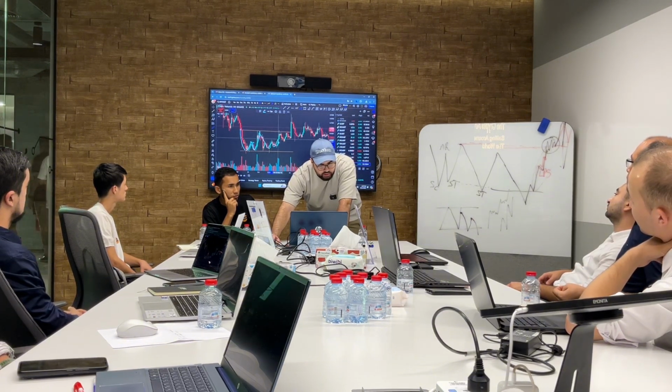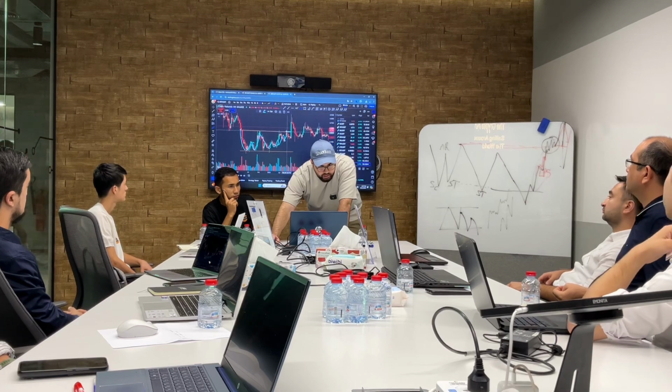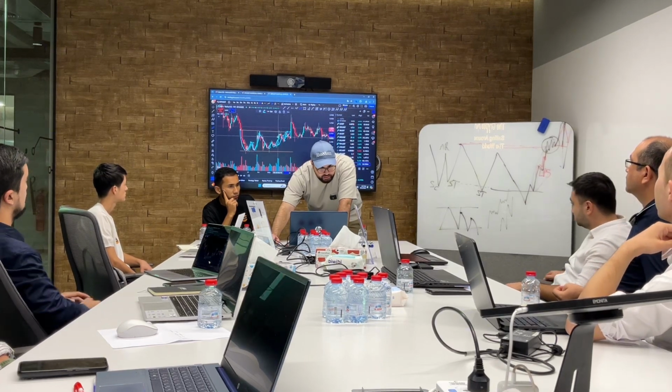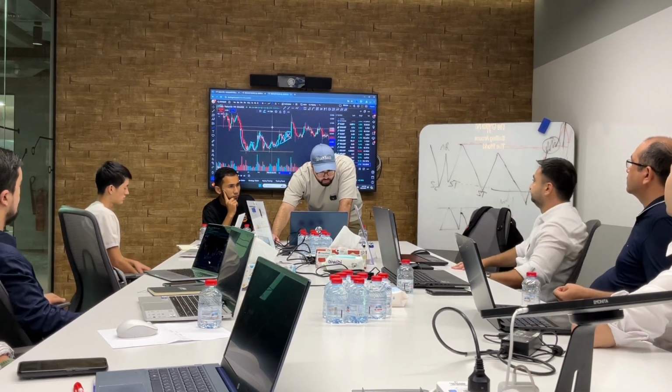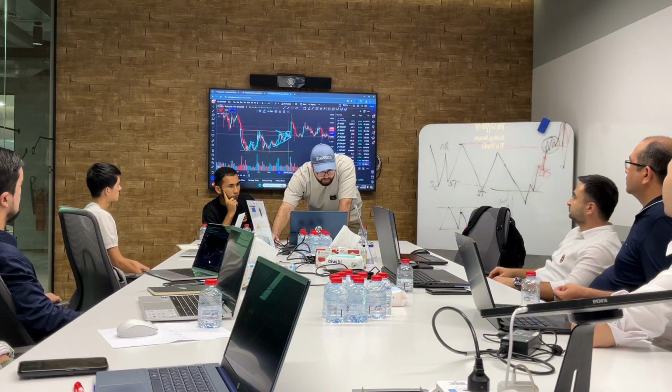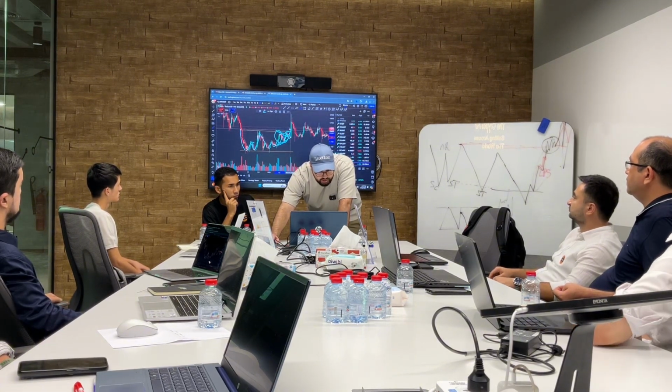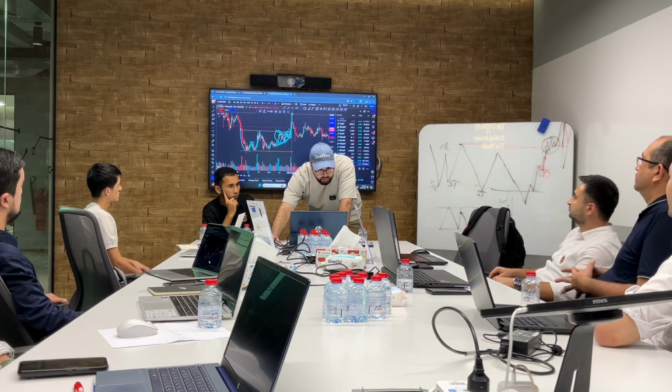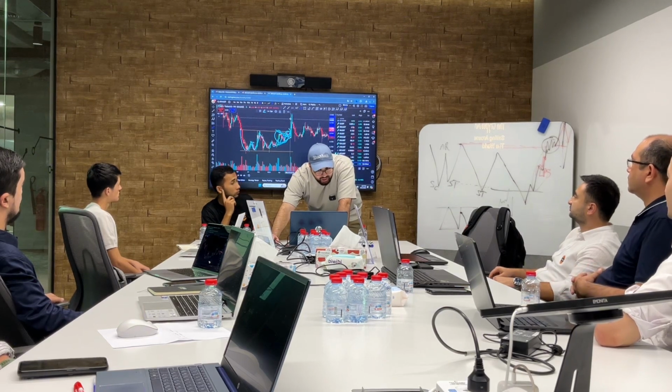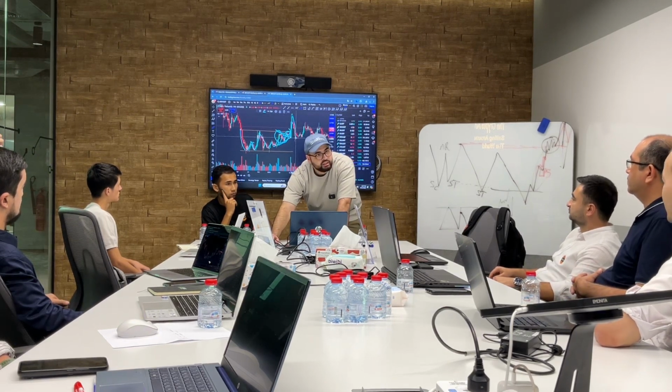We stayed consolidating here. After we break this range here, this is the signs of strength, if you can see. It will usually be a contracting triangle like this. Okay, so when we had this consolidation in XRP, what happened? Breakout. After breakout, again retest to these levels, which is the back up.